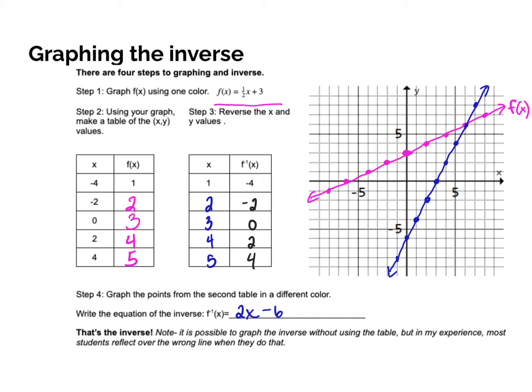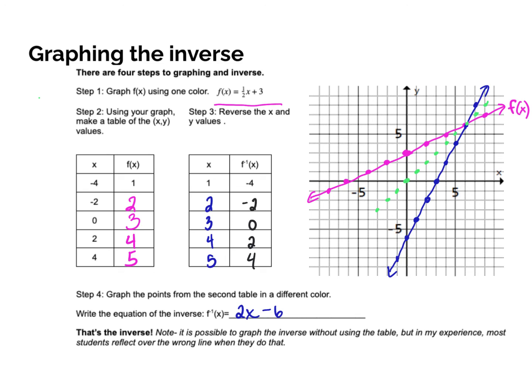Just a note on this, you can do this without making a table, but in my experience, most students don't do it well and tend to make a mistake. Something to note as well, an inverse is always going to be reflected over the line y equals x, and y equals x goes through 2, 2, 3, 3, 4, 4, and so on, and negative 1, negative 1, negative 2, negative 2.